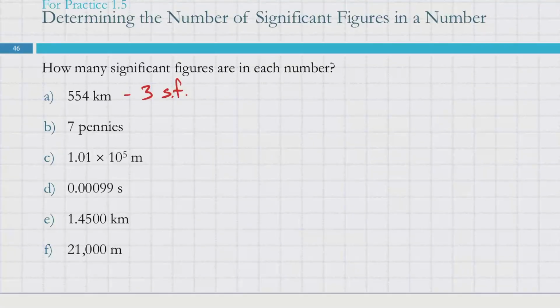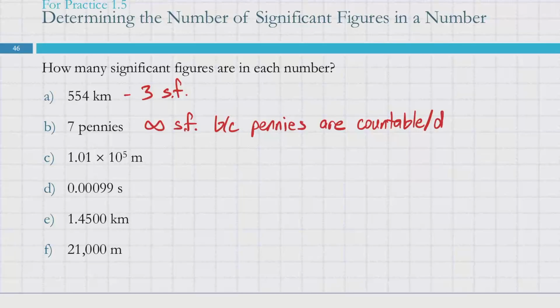Unlimited significant figures, because pennies are countable, discrete. So this is the same idea with counting the pencils, counting the students, counting the desks. I just don't have 7 pennies to show you. So that would not affect significant figures.